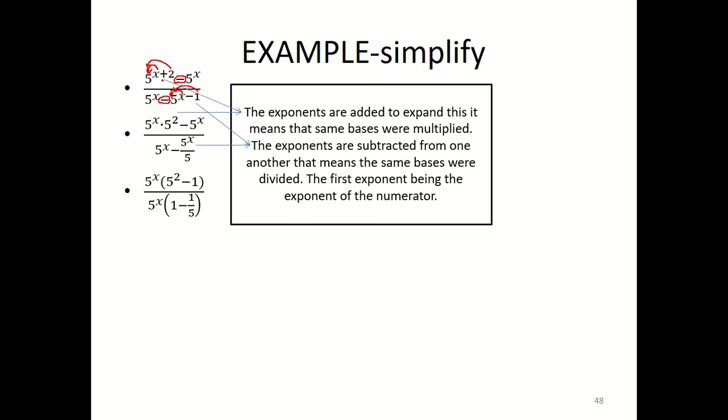Alrighty. In the numerator, take out 5 to the exponent of x as a common factor. In the denominator, do the same thing.